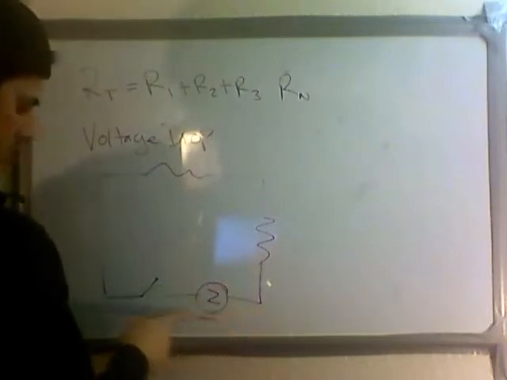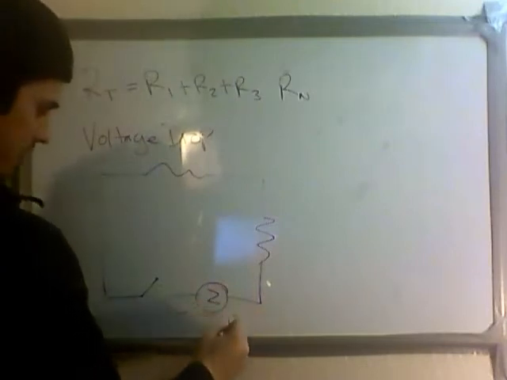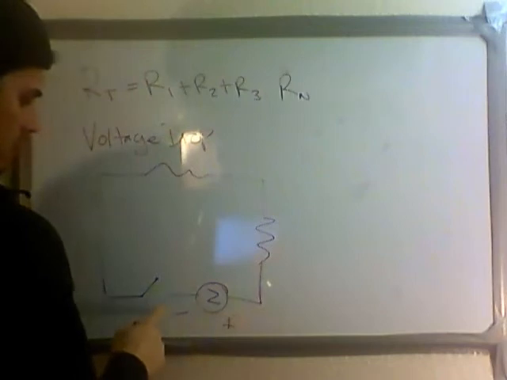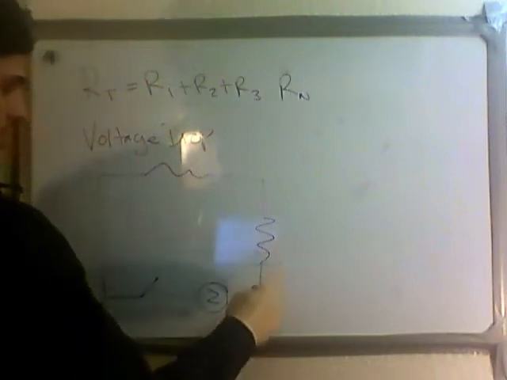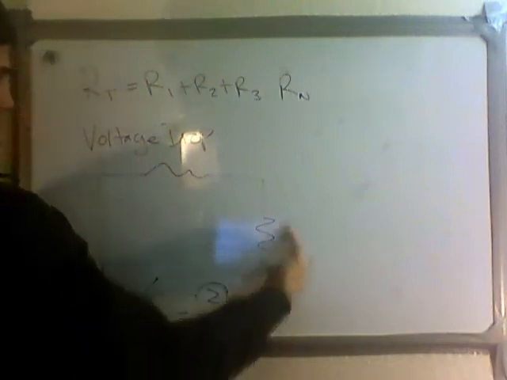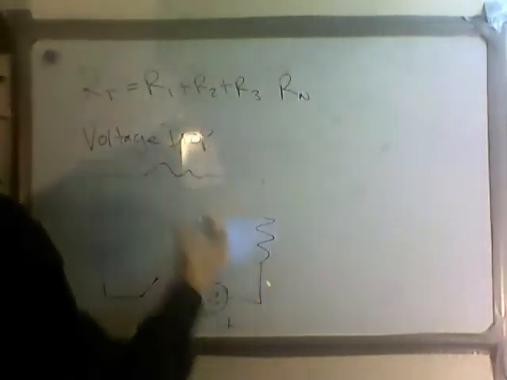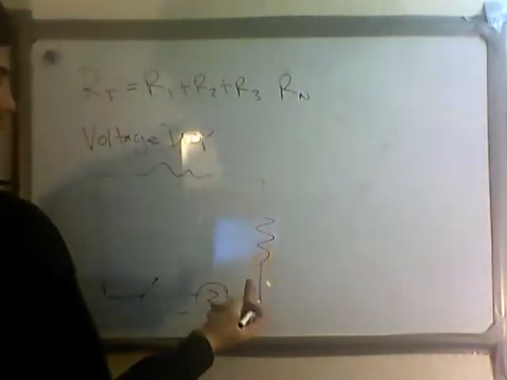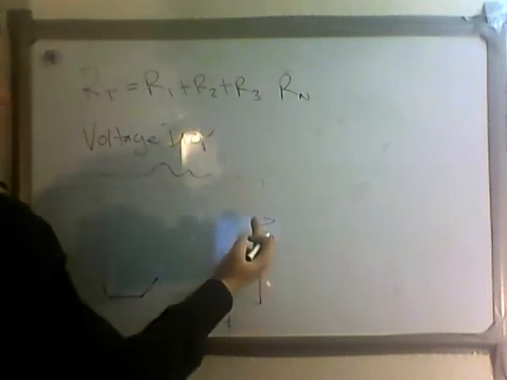Actually, no. Electrons move from negative to positive. The electrons are moving in this direction. They go through this load, and they go through that load. Well, since it's in a series, you're going to experience a voltage drop across this load to this load.